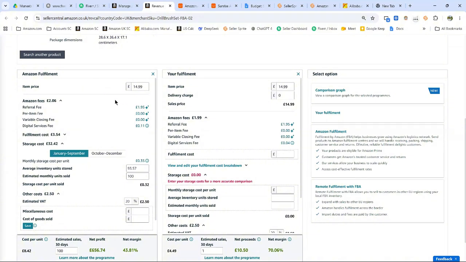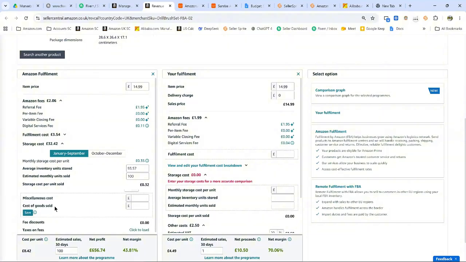So 15 pounds is the price. Amazon referral fee is 1.95. There's some digital service fee, 0.11, so the Amazon fee is 2.06. Then the fulfillment cost is 3.54.